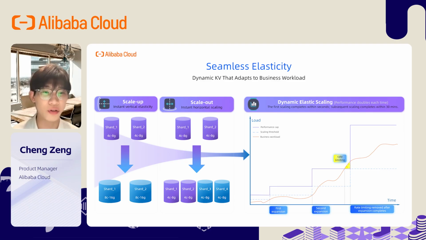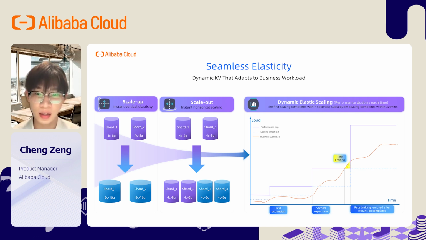And this is especially effective for handling hot-key issues. On the other hand, horizontal scaling means when the number of shards is insufficient, the system automatically adds more shards to improve overall cluster performance. This works best when there is no single hotspot, but the cluster's total load is steadily growing.